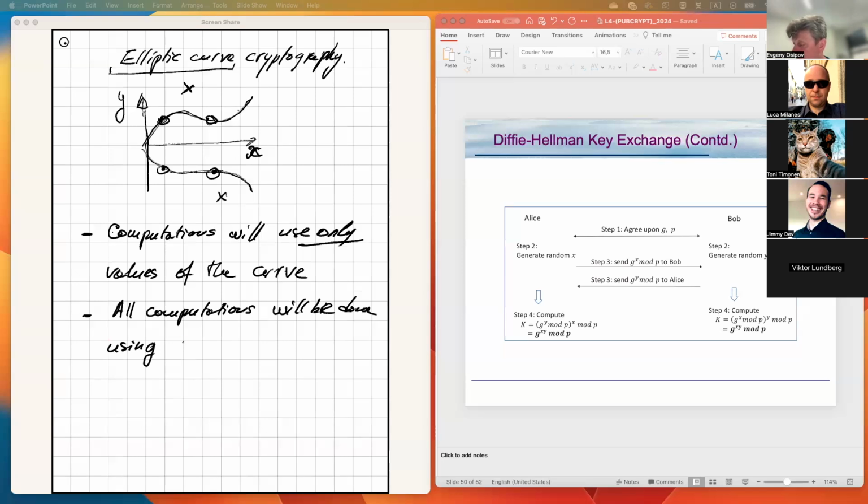Using simple, computationally simple transformation of x and y.